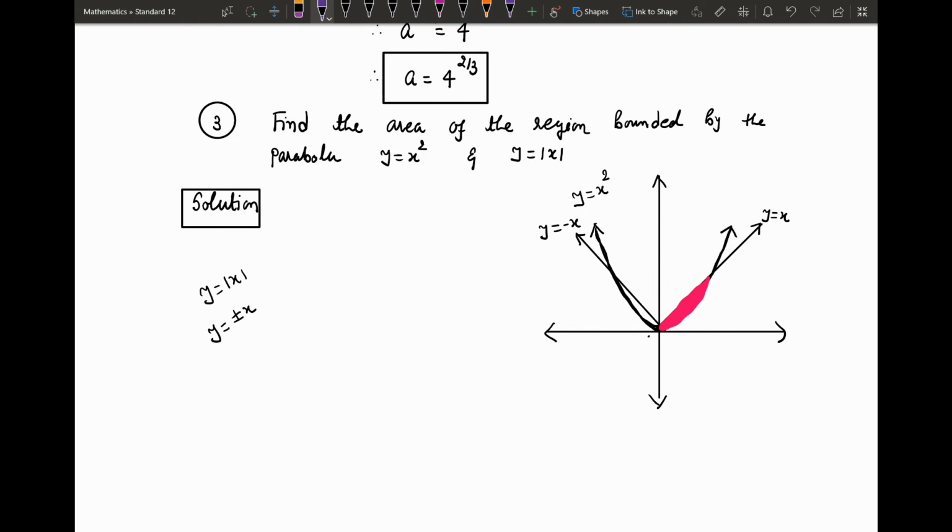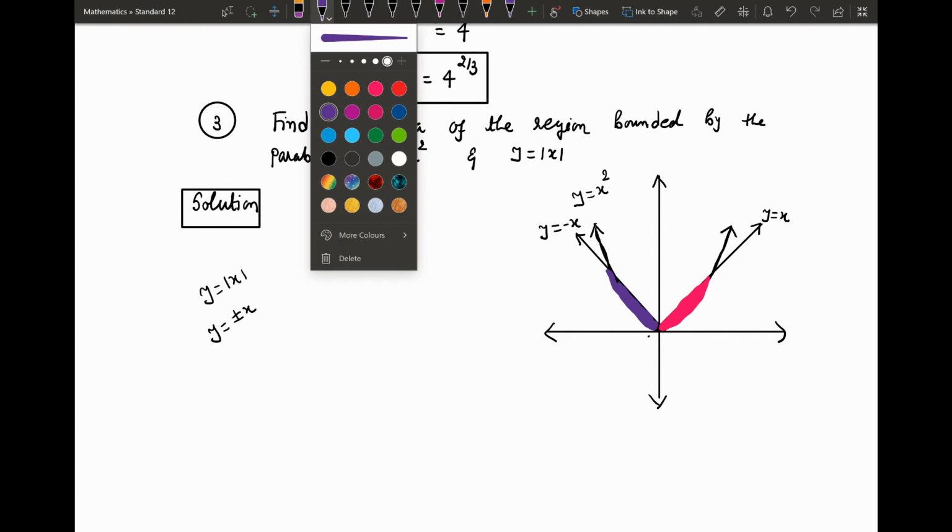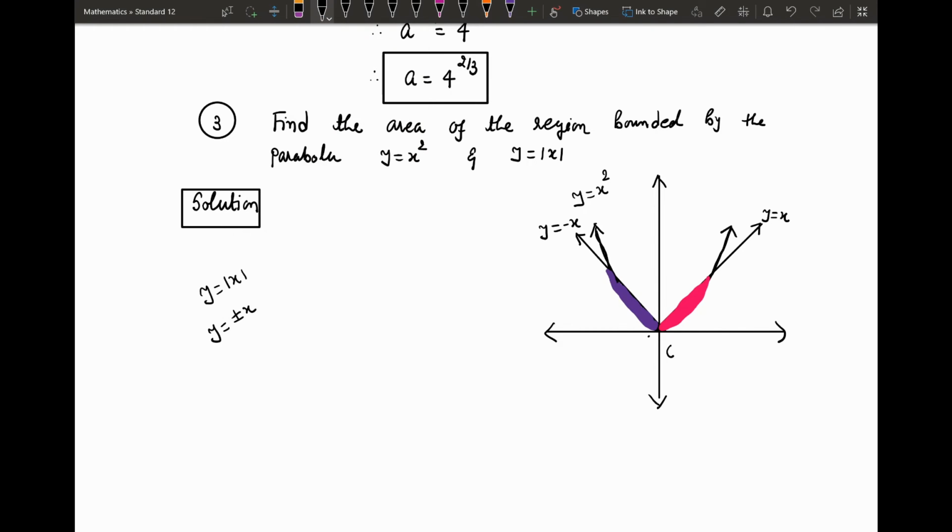First, when we find the coordinates of the point of intersection, here is the origin 0, 0. When we solve y equal to x square and y equal to x, we get the coordinates of the point of intersection 1, 1.